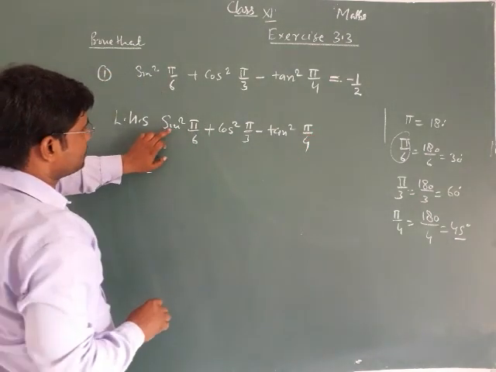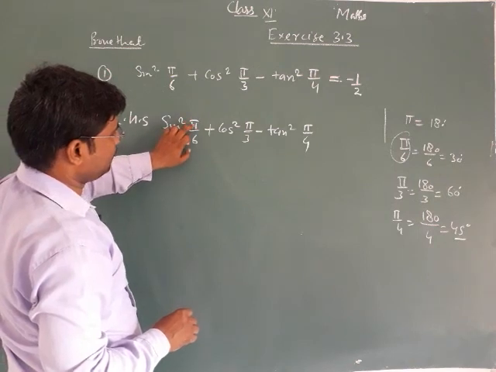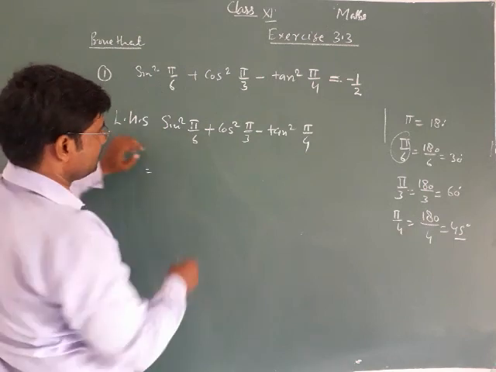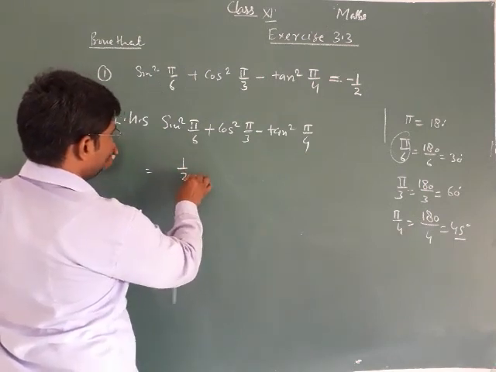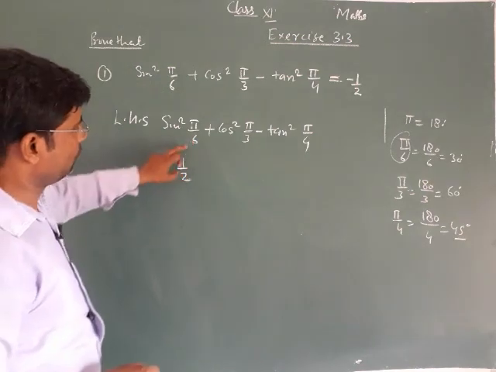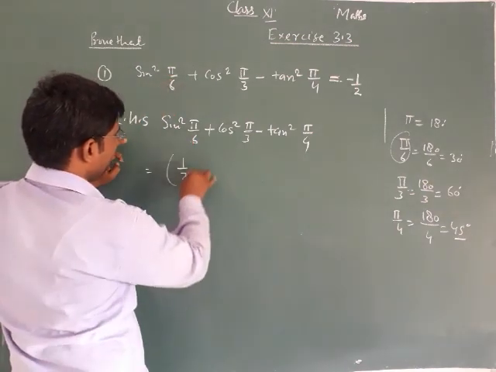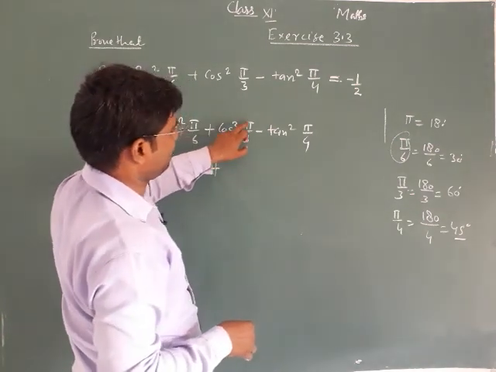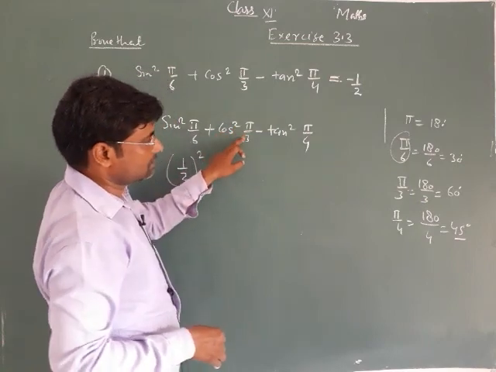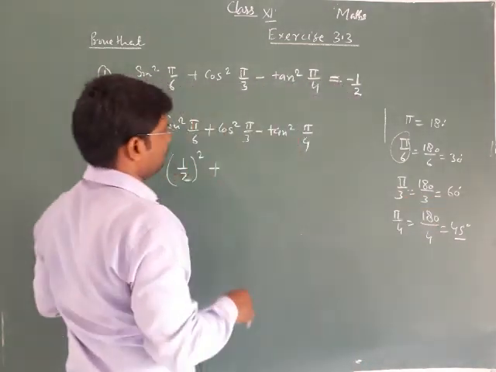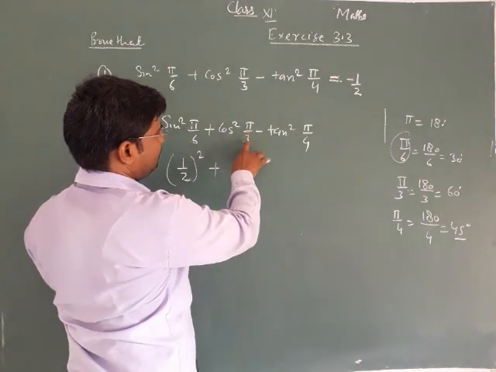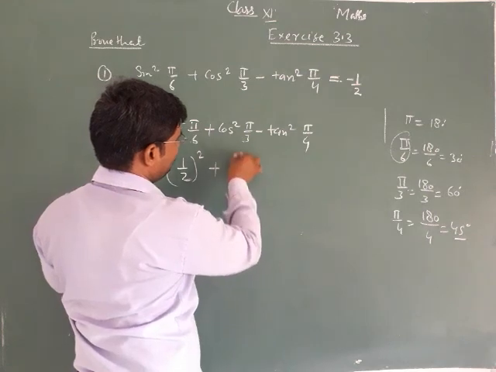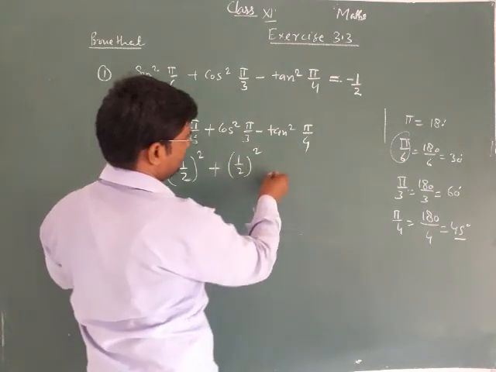Sine pi by 6 means sine 30 degrees, which is 1 by 2, and this is squared. Plus, in the same way, cos square pi by 3. Pi by 3 means 60 degrees, so cos 60 degrees is equal to 1 by 2, and this is also squared.